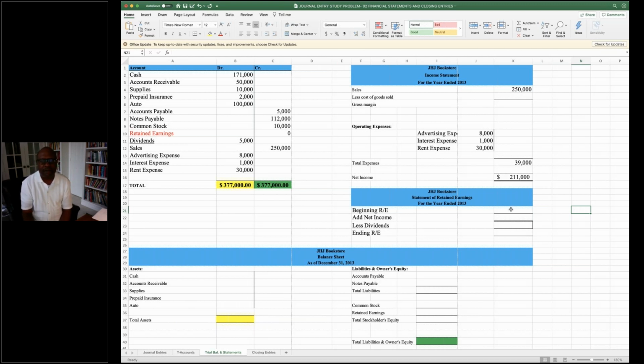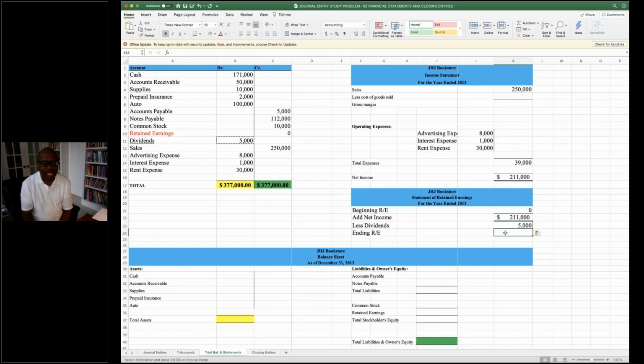Let's see if we can do a statement of retained earnings. Beginning retained earnings is what? 0 in this case. We're going to pick up this net income, place it here. We're going to go get our dividends, place it here.